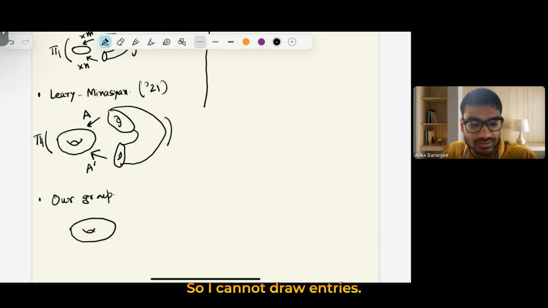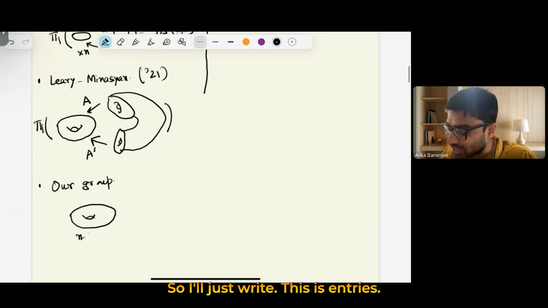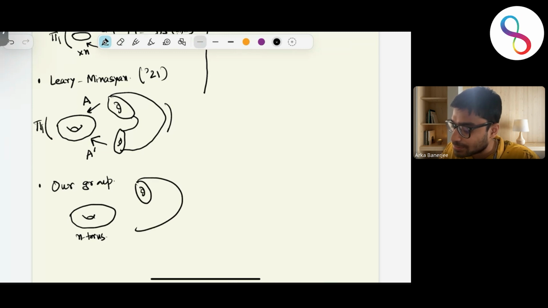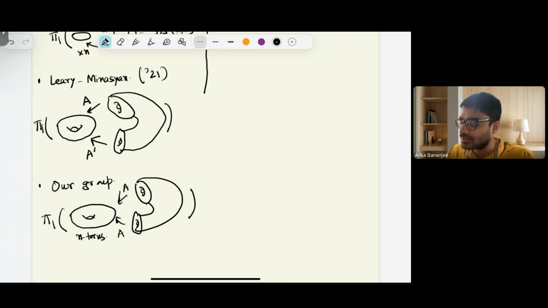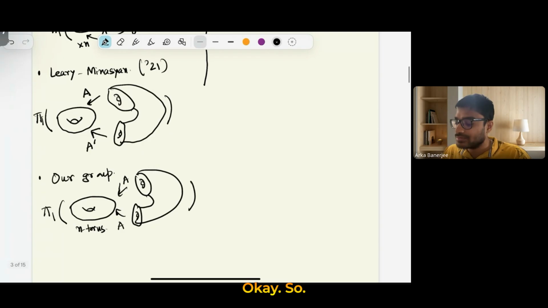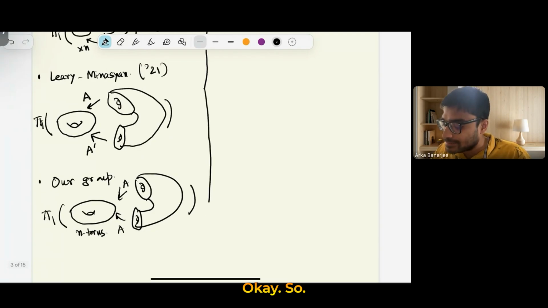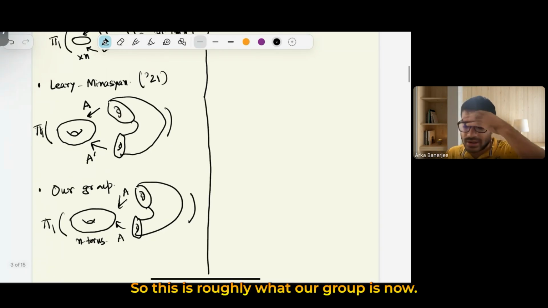I cannot draw an n-torus, so I'll just write that this is an n-torus, and it looks like this. It is the fundamental group of a space like this. This is roughly what our group is.